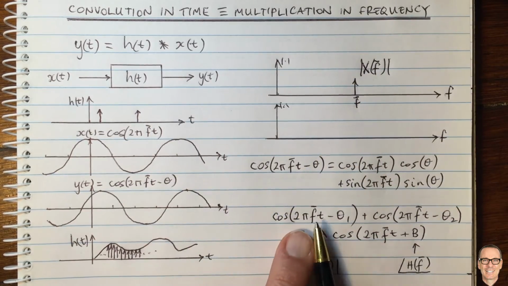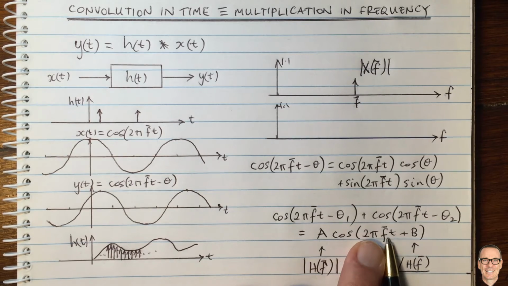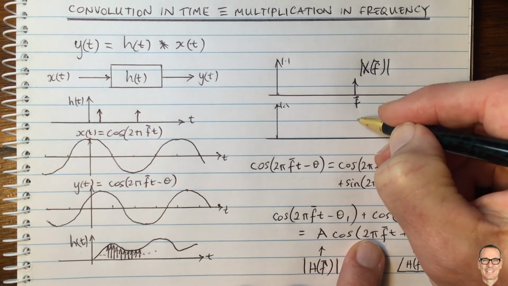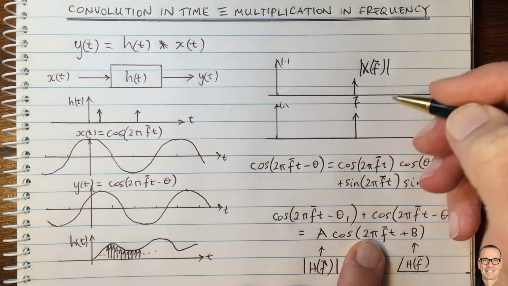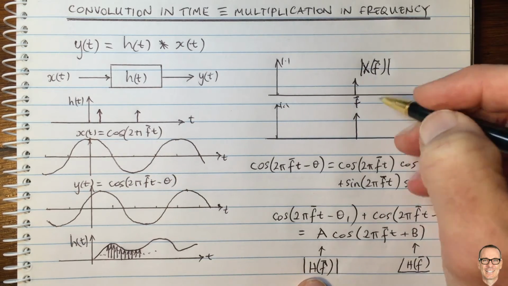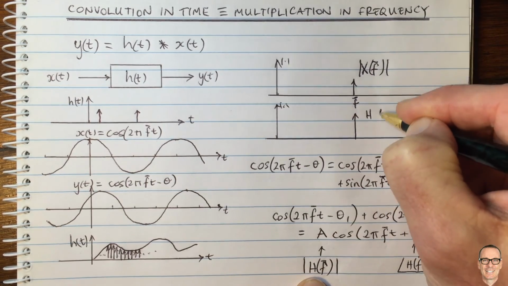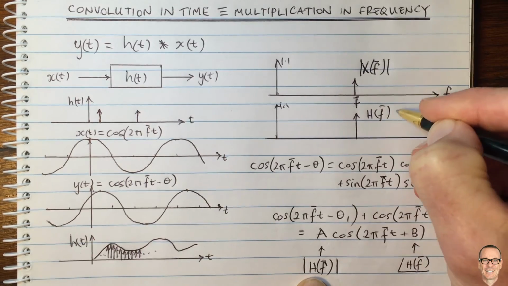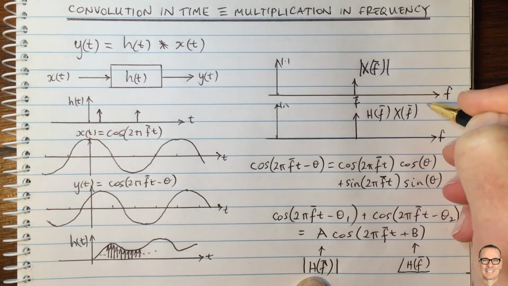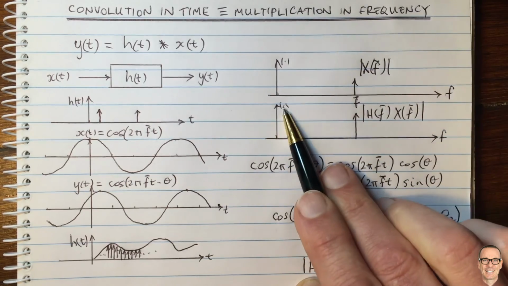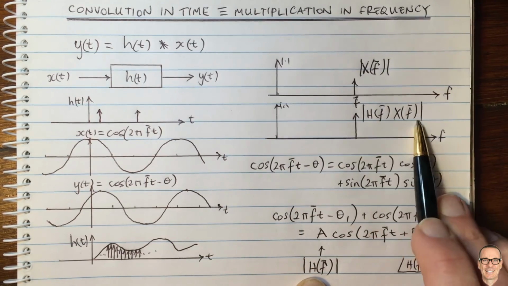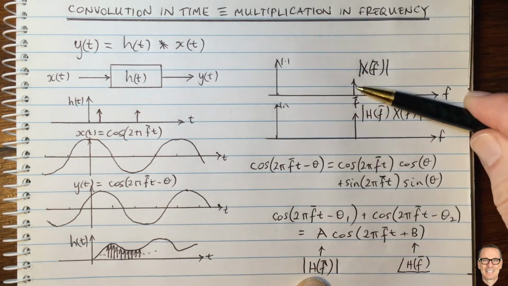The output will be at exactly the same frequency as we've shown here. The output will also be a delta function, but its amplitude will be scaled. So now we'll have H(f bar) multiplying X(f bar). And if we're plotting the magnitude of it here, we can see that it goes in over here.